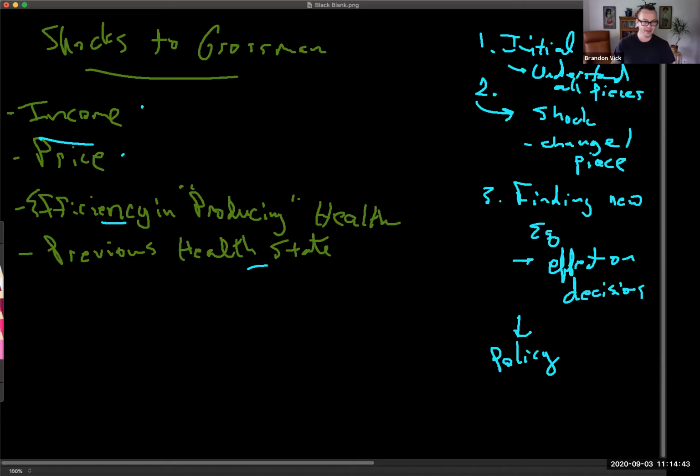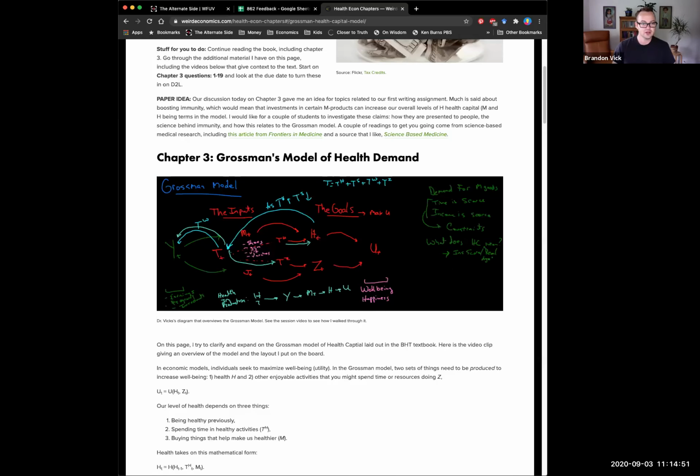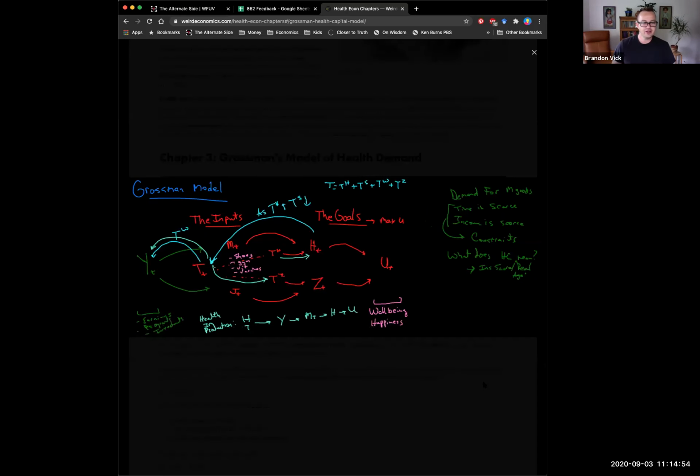So I will share my screen to the website. If we look at my graph here, this was the high level big graph. We could think about how a shock of income works.